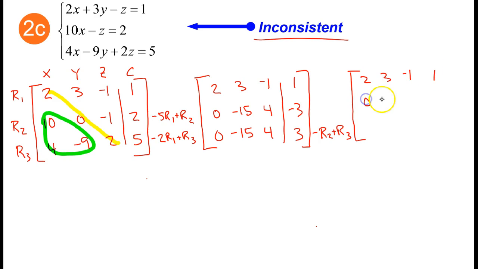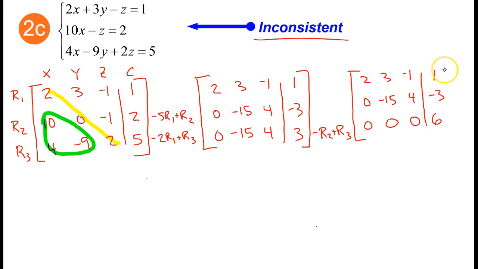And row 2 will be unchanged. And then row 3: we have the opposite of 0 plus 0, that's 0. The opposite of -15, which is 15, minus 15 gives me a 0. The opposite of 4 plus 4 gives me a 0. The opposite of -3 plus 3, which is 6.